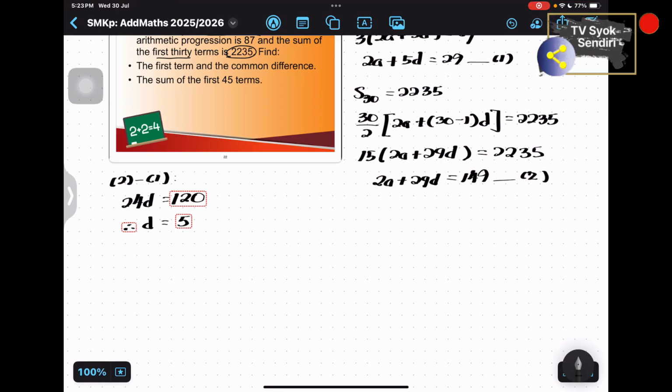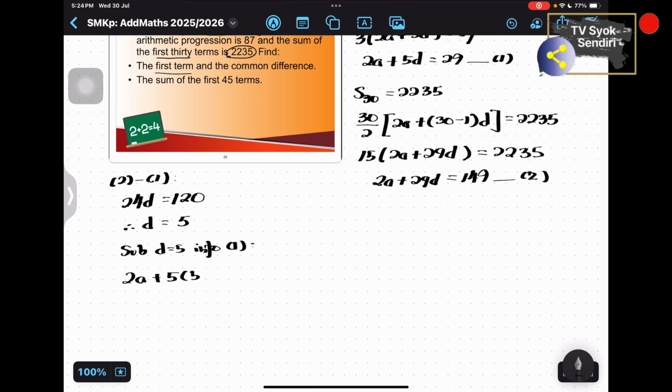Now, not yet. We still need to look for the first term. The first part of the question asks us to look for the first term and also the common difference. So after we're done with the d, we sub into the first equation. So now I'm going to sub d equal to 5 into 1.